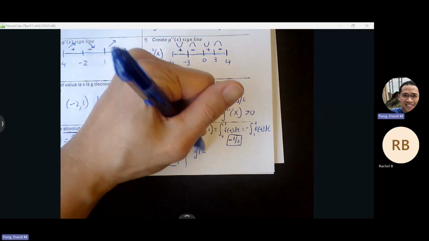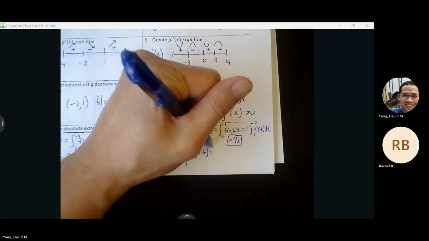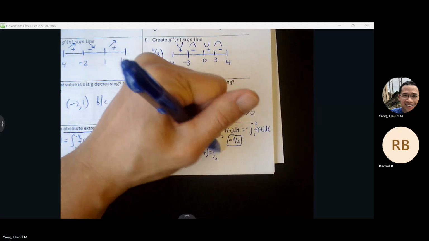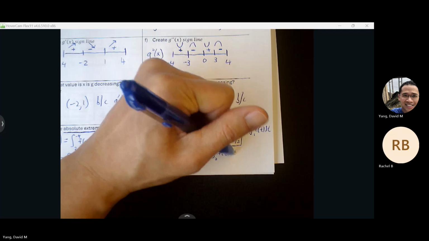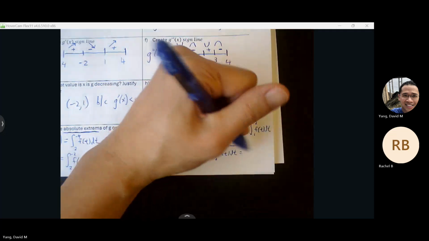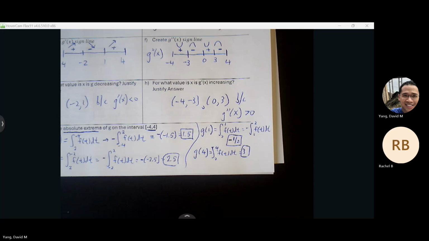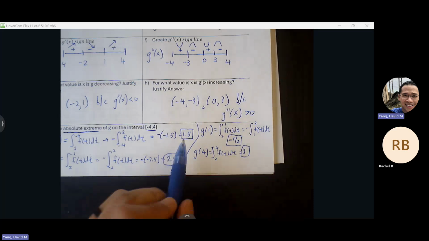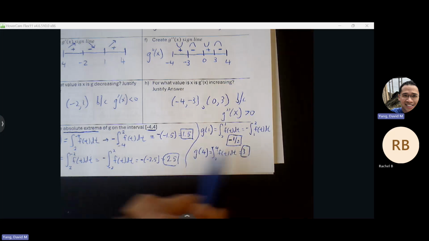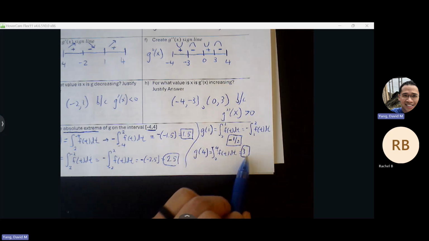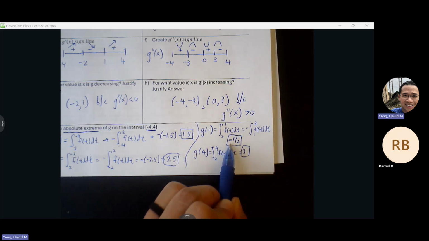Finally, G of 4. Compare all these Y values that you gathered. Highest will be your absolute max, and lowest will be your absolute min.